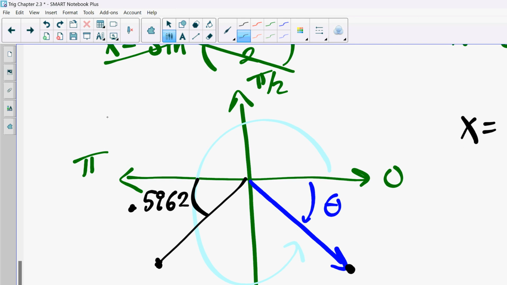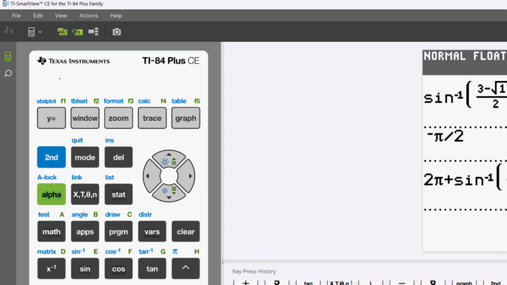So this time, we need to add it to 2 pi, yes? But the value of it's still negative. Or we can just say pi plus this on the calculator.